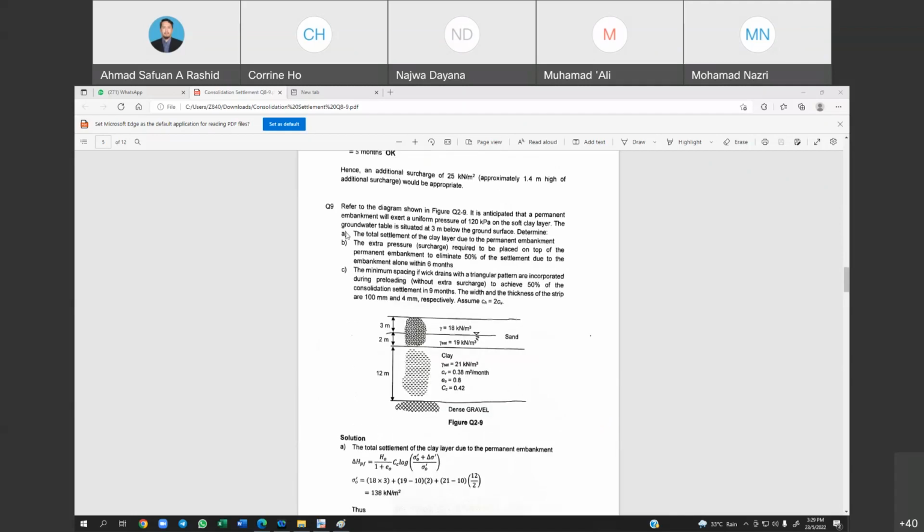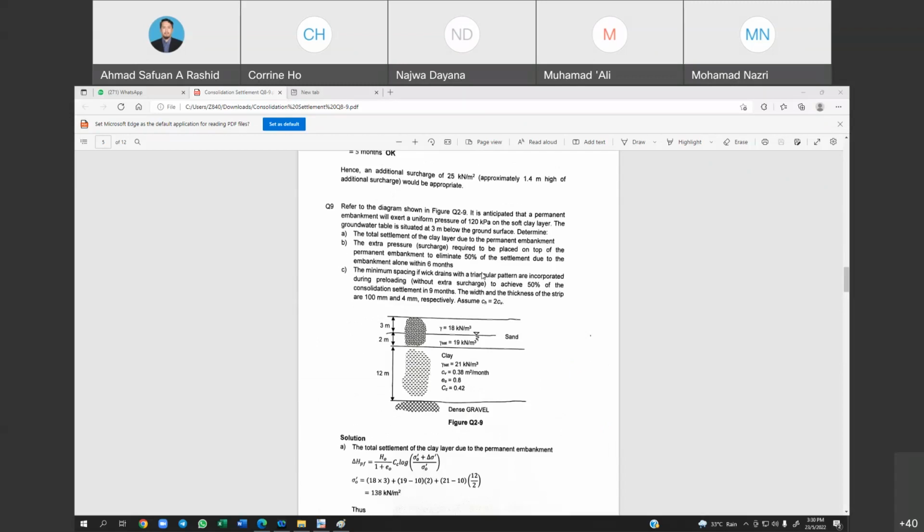So B, the extra pressure surcharge required to be placed on top of the permanent embankment to eliminate 50% of settlement due to the embankment alone within 6 months. Ada extra surcharge sama macam soalan nombor 8 tu.